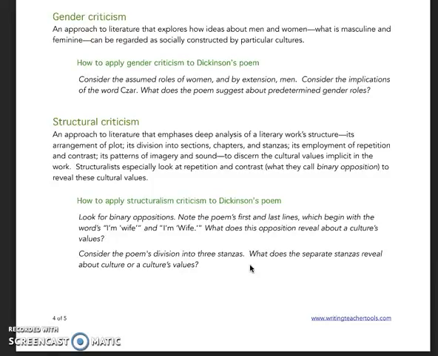Structuralist criticism is a little bit difficult for some people. And what you're doing with structuralist criticism is you're looking for how the piece is structured. So the arrangement of plot, how things were divided into different sections or chapters or stanzas, any repetition, any patterns that you see.